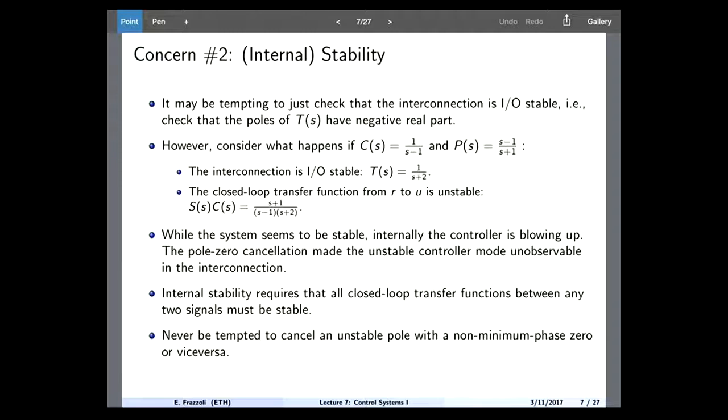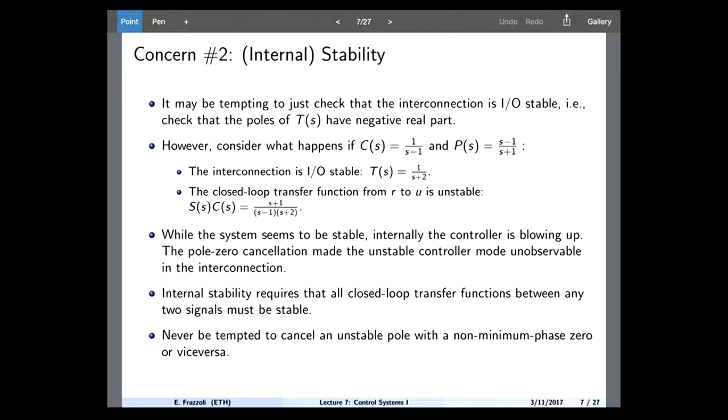Let's say my plant is the transfer function (s minus 1) over (s plus 1). Let's say that I choose my control system to be 1 over (s minus 1), right? So then I compute the closed loop transfer function. It is 1 over (s plus 2), okay? So it looks like the pole of this is -2, negative real part, everything seems to be okay.